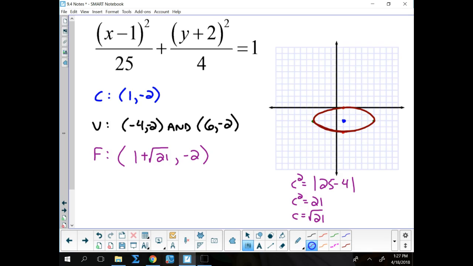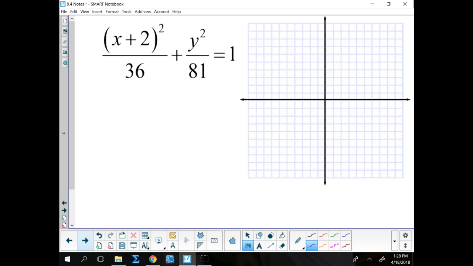One, 2, 3, 4.5. So right there, and 1, 2, 3, 4, and right there. Up to you. Questions? Go for it.